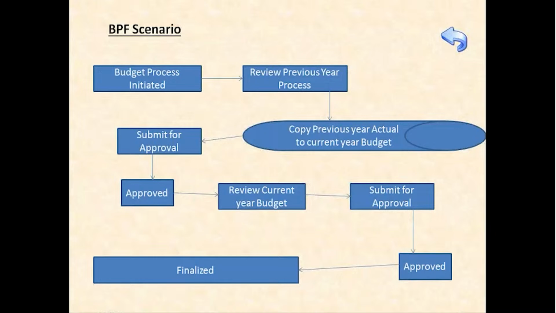So till submit for approval in the first stage, it will be one activity, and from then it will be another activity. Review previous year process and copy previous year to current year budget would be one instance, and in the second activity, review current year budget and submit for approval is the second instance.